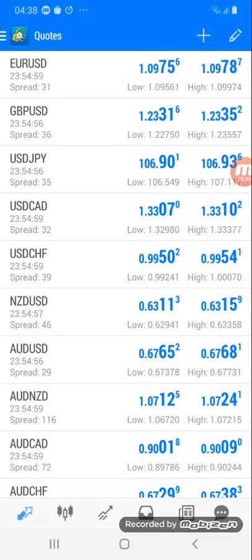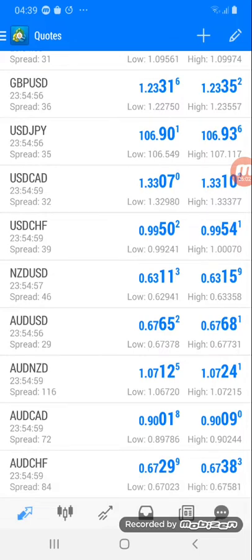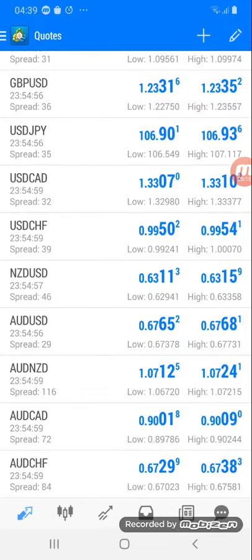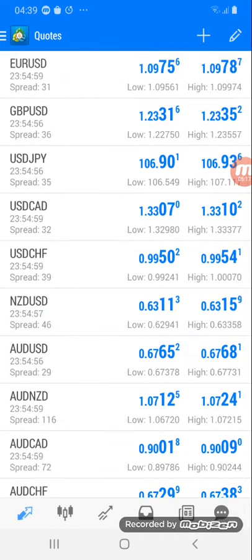When I say open a currency pair, it means you need to open any currency pair you are instructed to open. Those are currency pairs. There's nothing more or less about that.